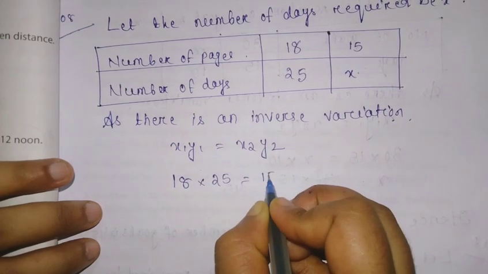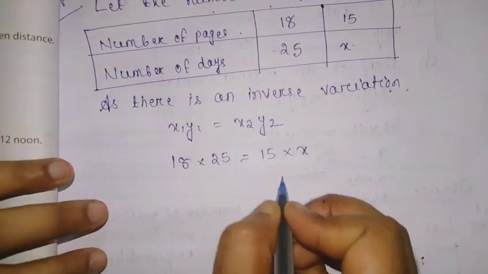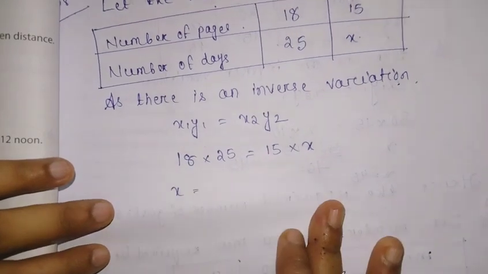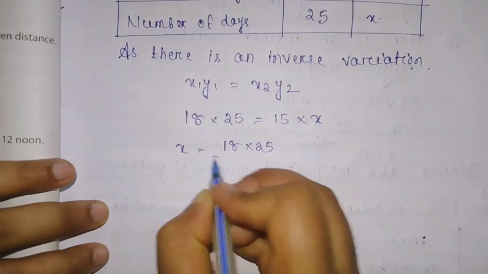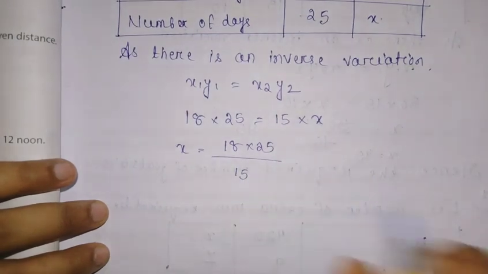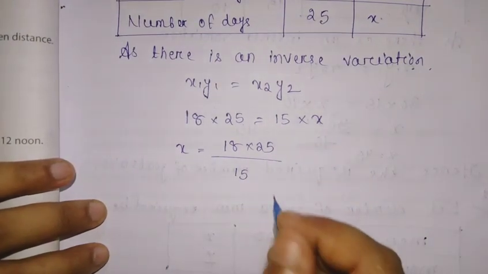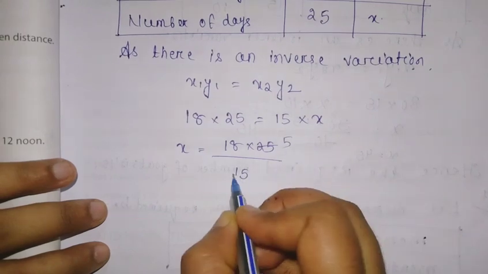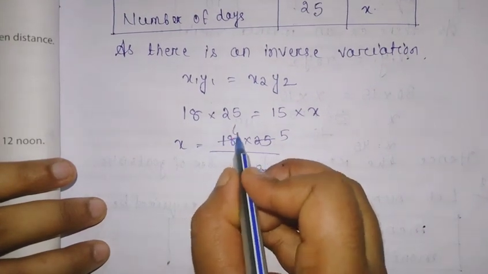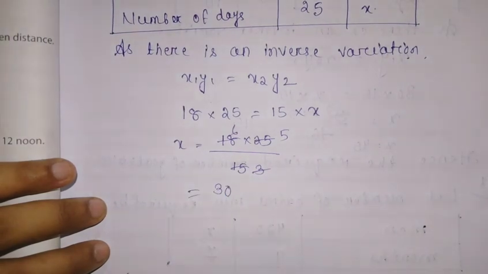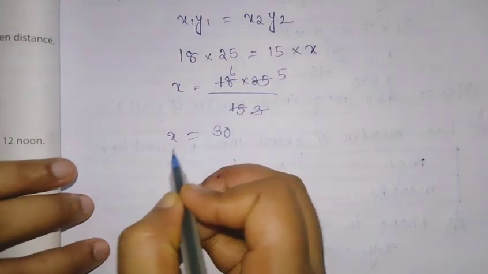Then x2 is 15 and y2 is x. Then x equals 18 into 25 divided by 15. 5 fives are 25, 5 threes are 15. Then 3 sixes are 18. Then 6 fives are 30. Here x equals 30.